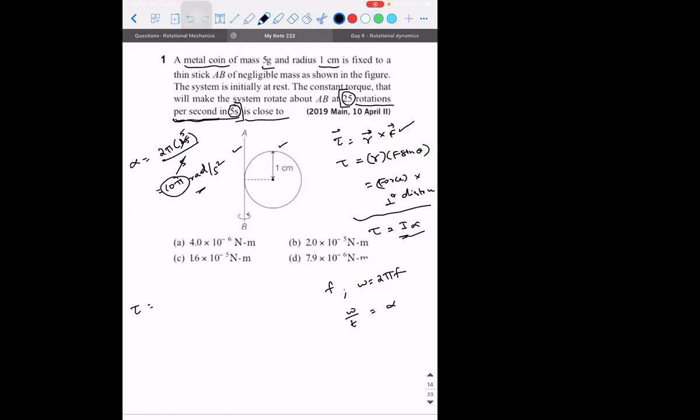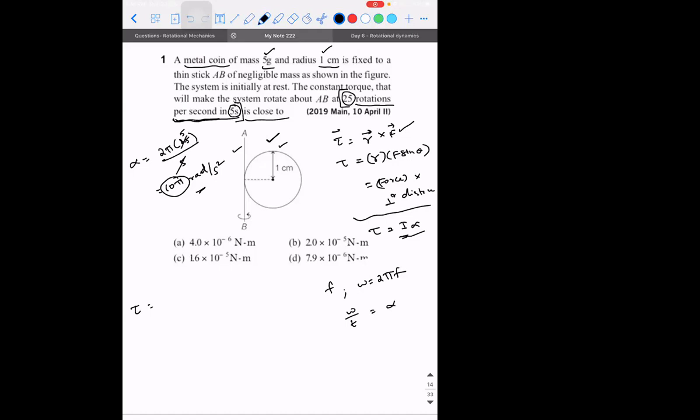What is our work? To find I. For I, what is the required data? Mass and radius. And it's a coin. Coin is a disk. So what is the moment of inertia of a disk about its tangential axis? The tangent is in the plane of the coin, not perpendicular to it.